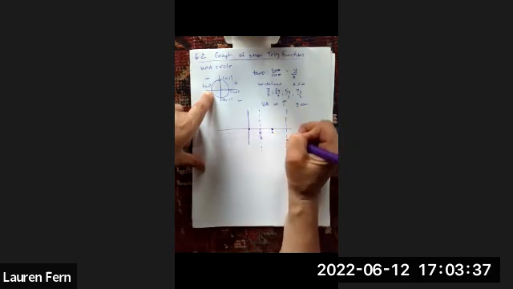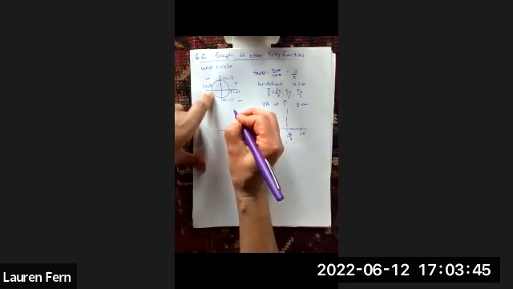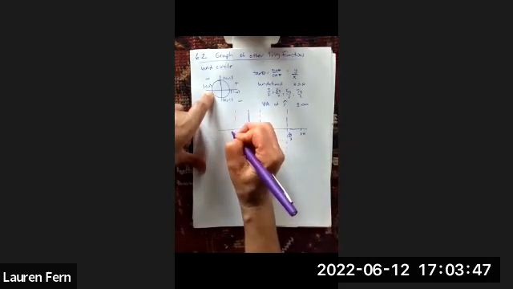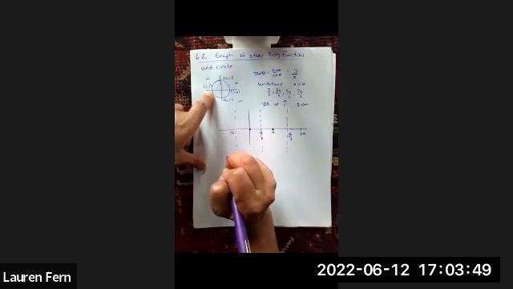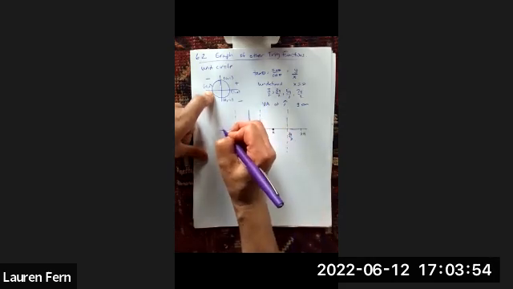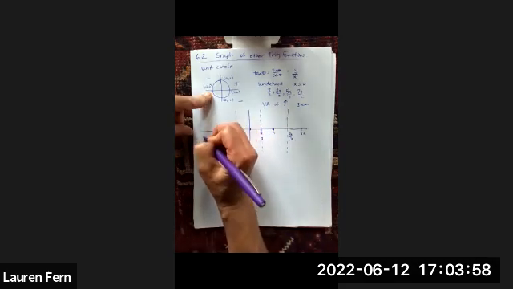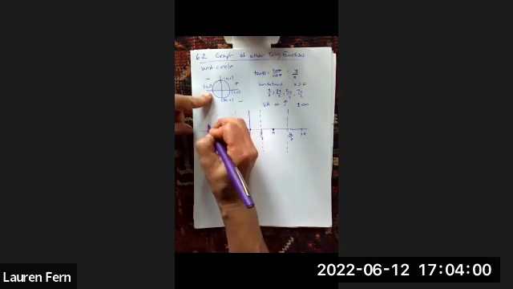When I'm at 3 pi over 2, I've got myself another vertical asymptote, and then at 2 pi, 0. And then we can do the same in our negative direction: negative pi over 2, negative pi, negative 3 pi over 2, etc.